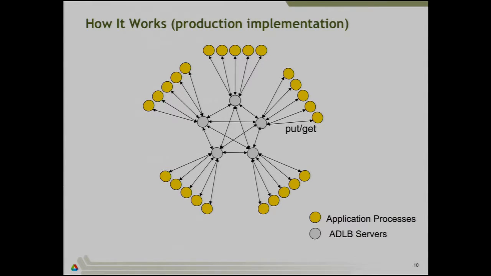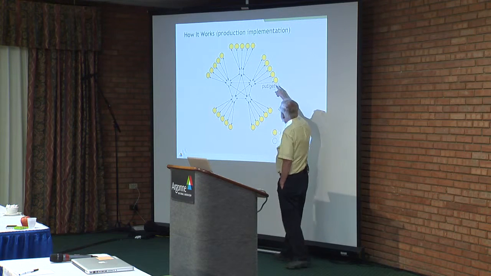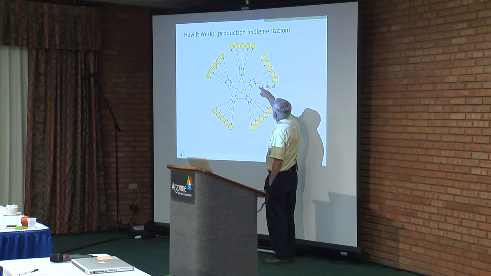We divide all the MPI processes in the application into application processes and ADLB servers. Each application process, which we sometimes call a client, has a server that it talks to, so it does puts and gets to one single process all the time.